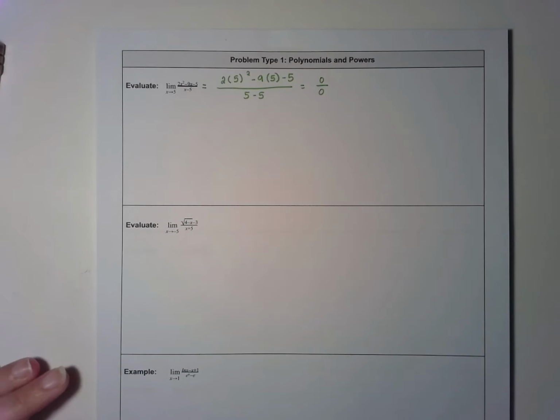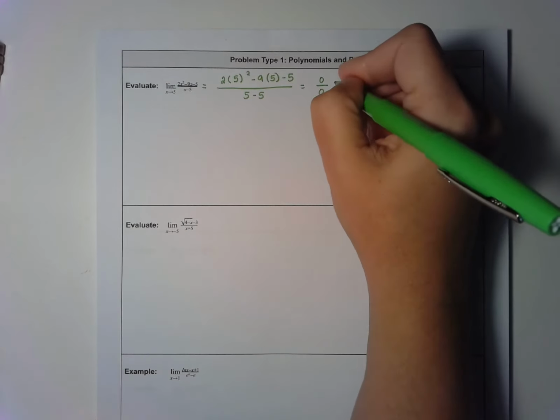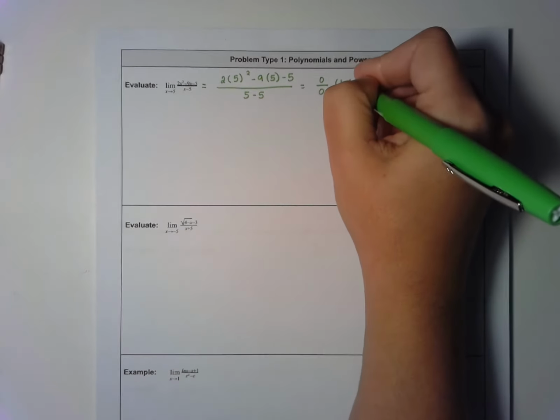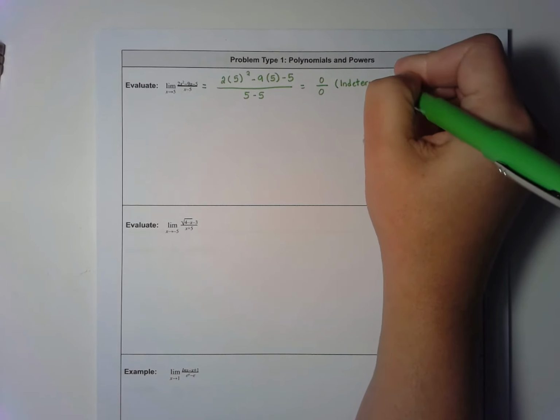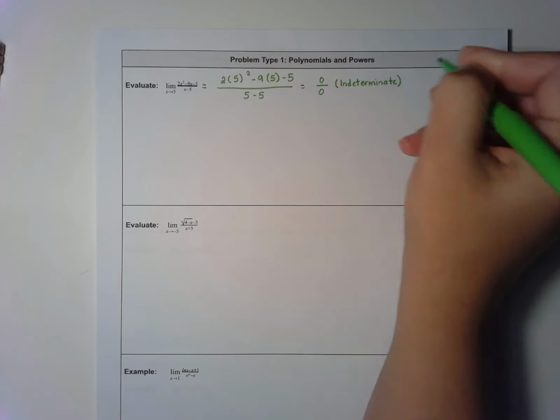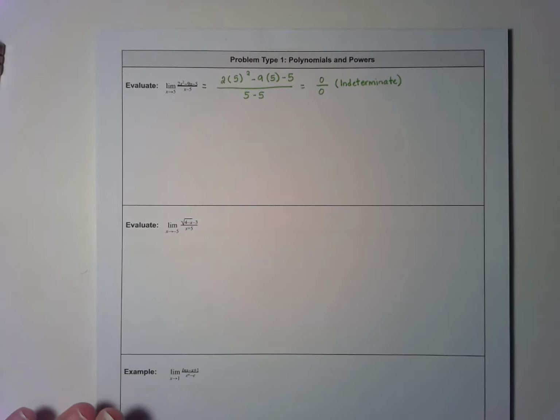Now, that means that we have an indeterminate form, so we need to actually state that. We need to state that this is indeterminate in order to show why we're using L'Hopital's rule. We've met the conditions. We have an indeterminate form, therefore we can use L'Hopital's rule.